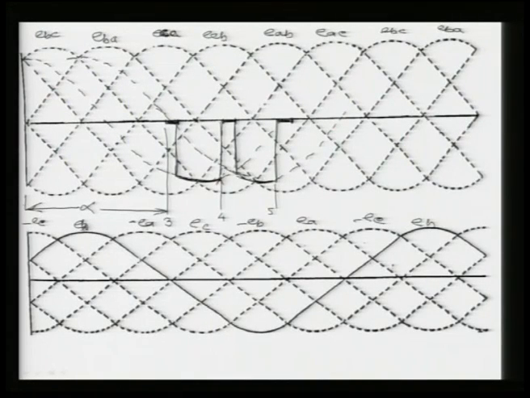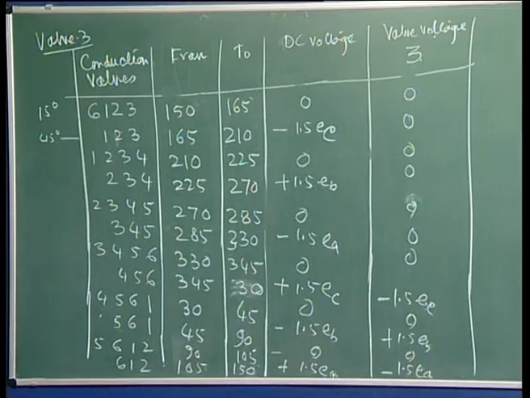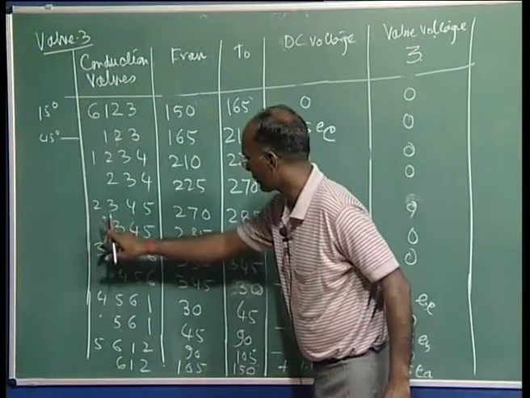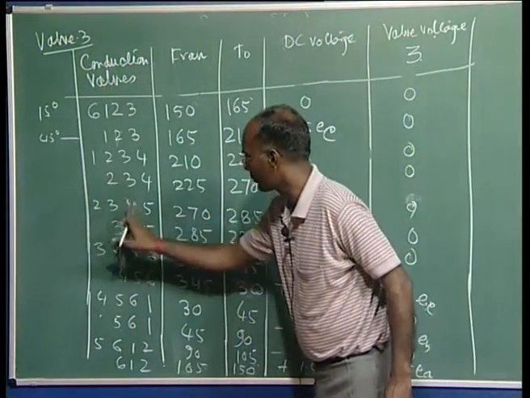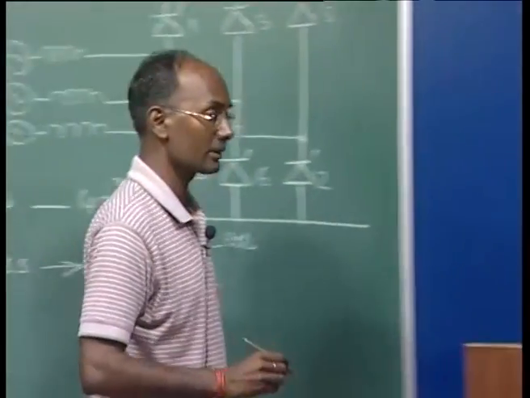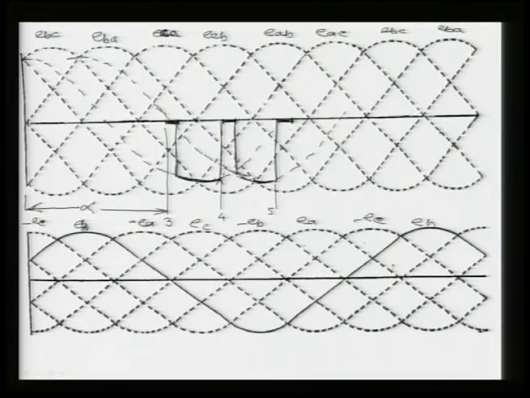are there. Then the commutation is over between your 3 and 5, and 4 and 2 is over, because 2 is going. So we are having 3, 4, 5, and the output voltage is 1.5 minus 1.5 EA, and you will find this voltage going all the way here, and we are going to have this one.